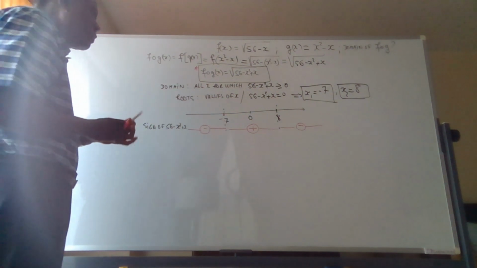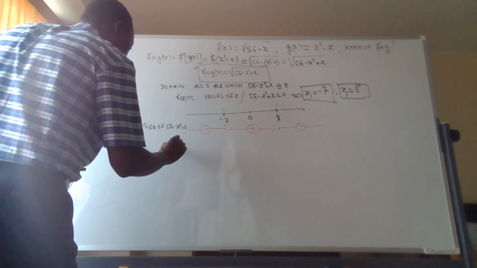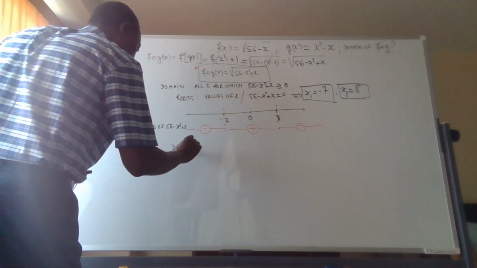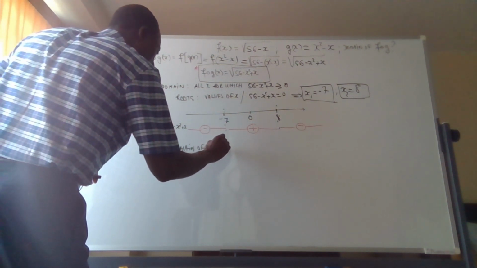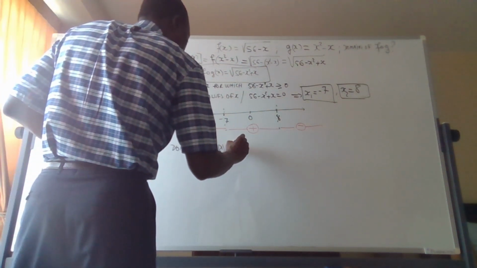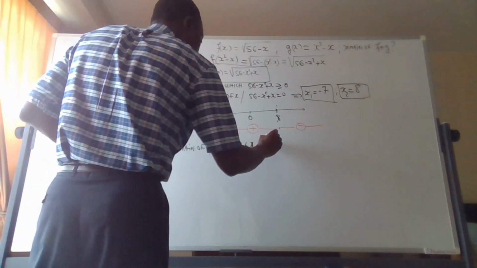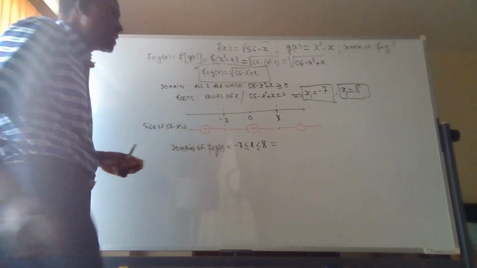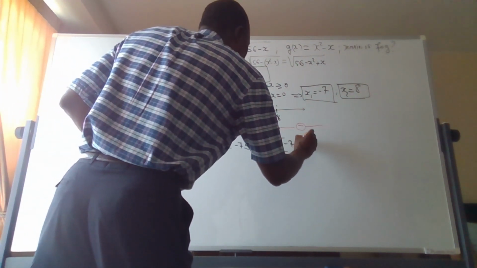So the domain of f∘g of x is going to be all x between minus 7 and 8, and this is also equal to the closed segment [minus 7, 8].